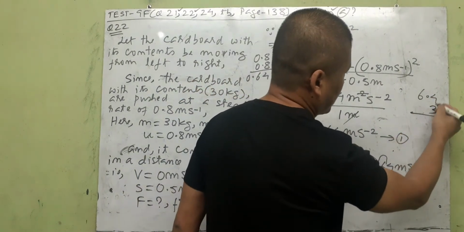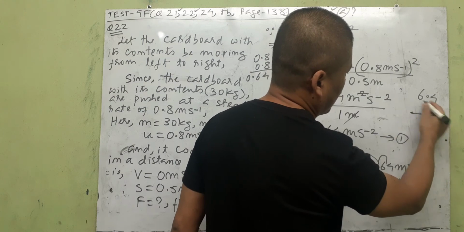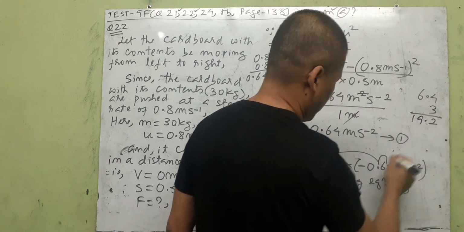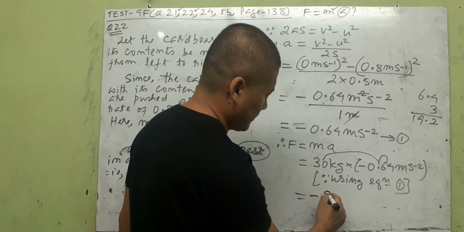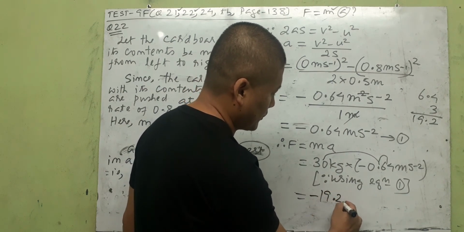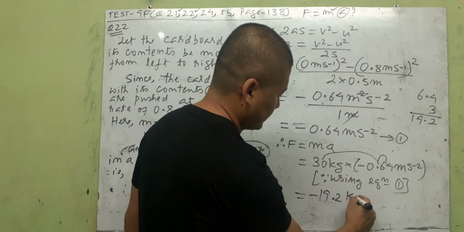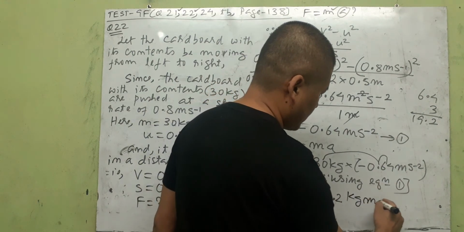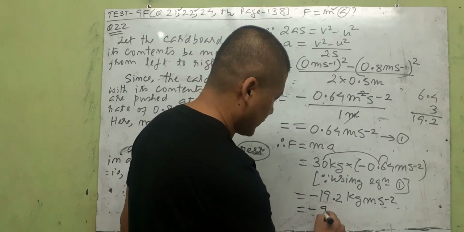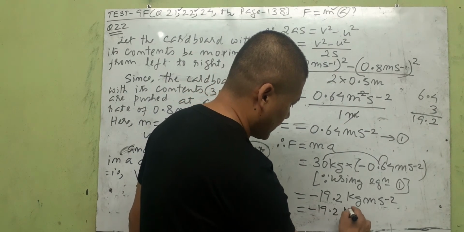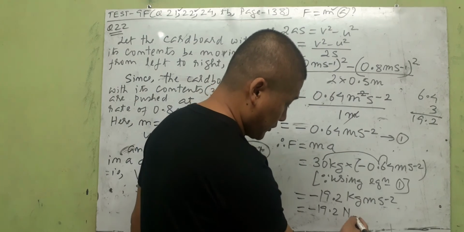Multiply that by 3: 3 fours are 12, 19, one decimal, so 19.2. Before that, multiply the sign: plus and minus is minus 19.2, and kg meter per second squared is the unit of force. So minus 19.2, in short we can write Newton.